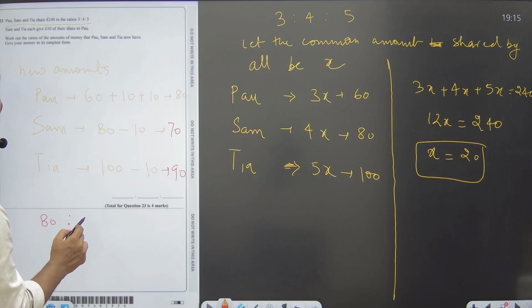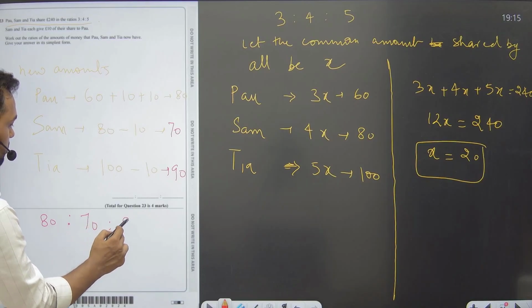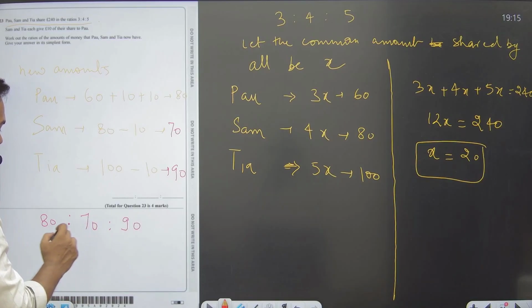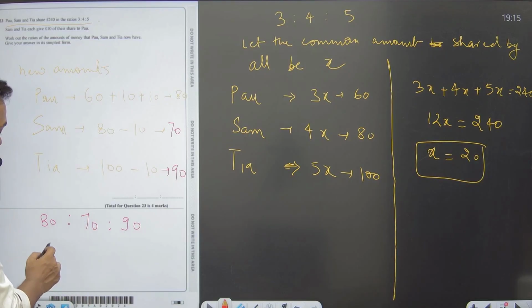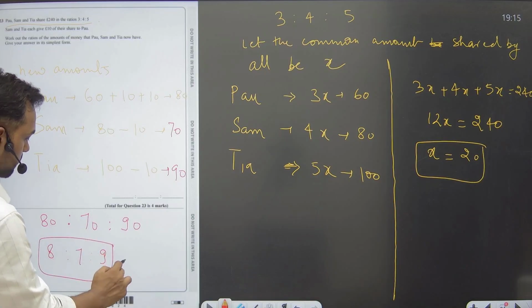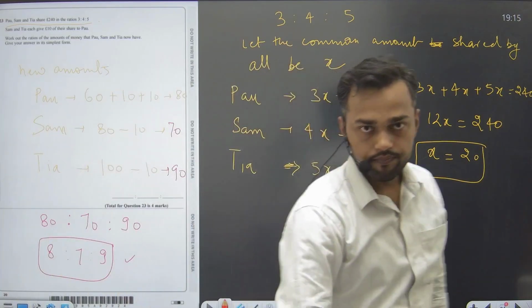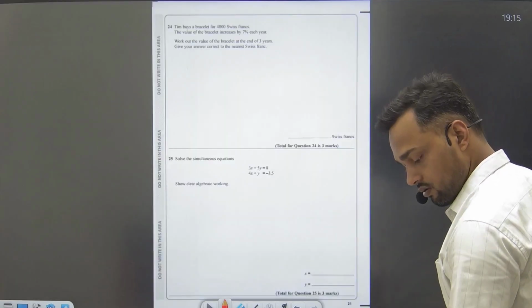Similarly with Sam it is 70, and with Tia it is 90. So we can see that 10 is common in all the amounts here. So it will be 8:7:9. This is our solution, students. Okay. Now let's move ahead.